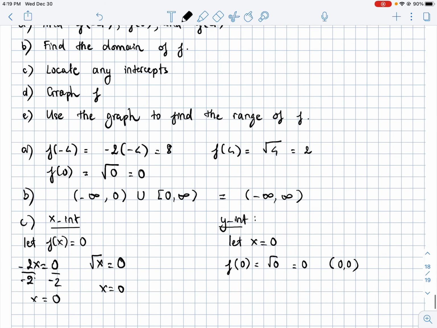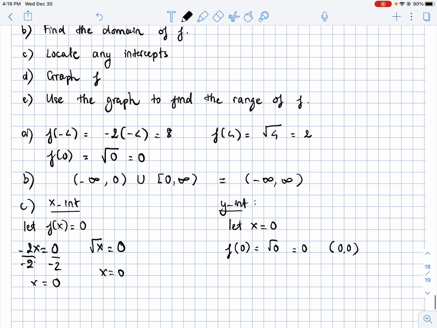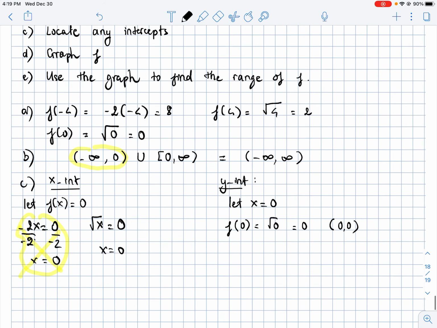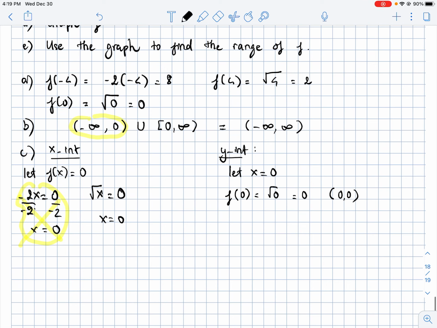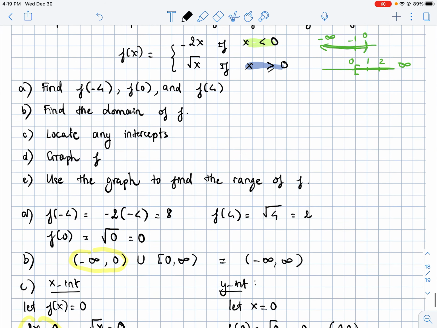What we see is that when x equals 0, the first piece does not take it. You remember the domain of the first piece is from negative infinity to 0 but not including 0. So we eliminate the first piece, and the x-intercept is (0, 0).